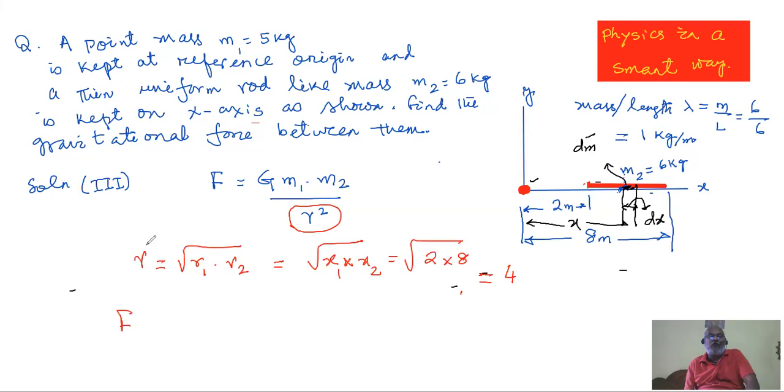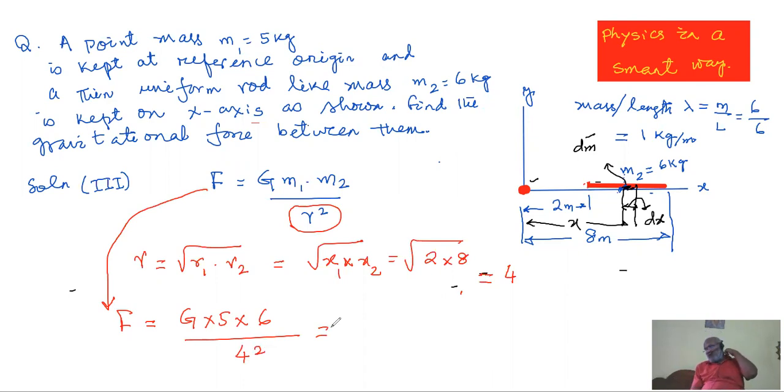So force equal to, as it is given, G into M1 M2 by R square, M1 equal to 5, M2 equal to 6, by R square, and R square means 4 square.